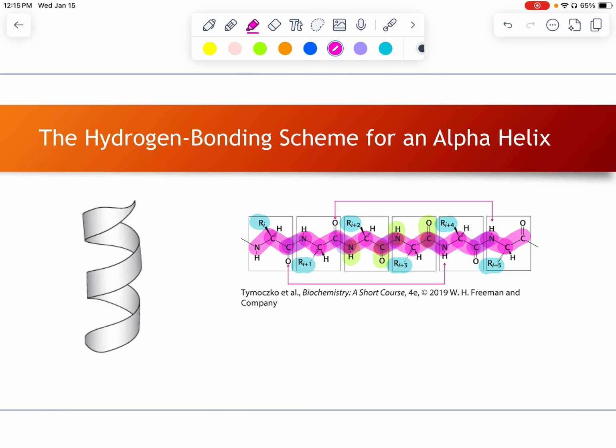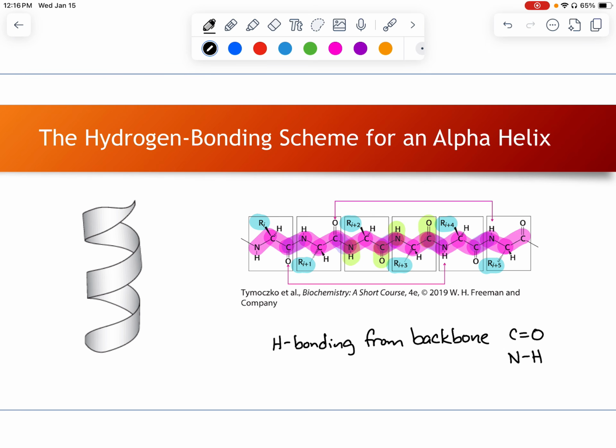How is that part that I've highlighted in pink twisted or wrapped around? We're not going to be thinking about the R groups. The secondary structure will be stabilized generally by hydrogen bonding from the backbone, the backbone carbonyl groups and NH groups. We're not looking at any interactions between those R groups yet.